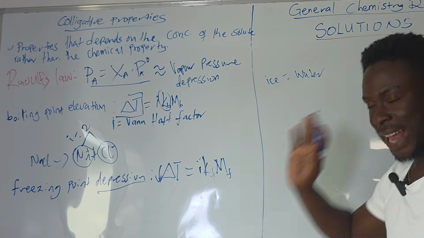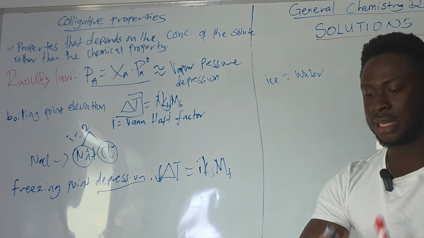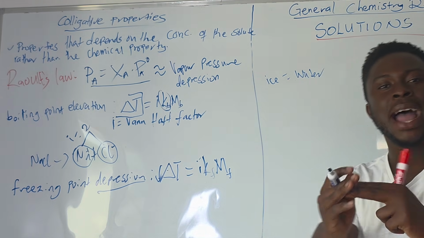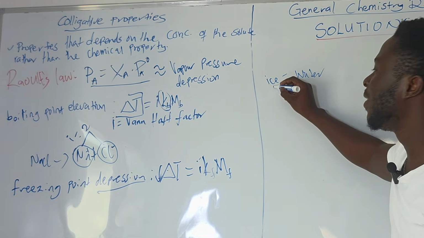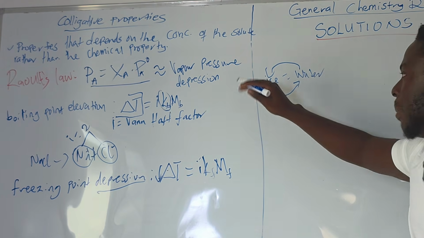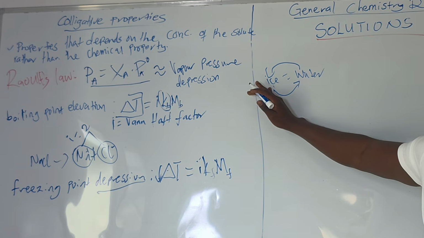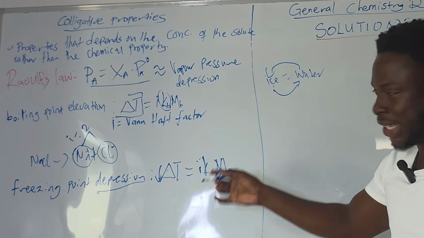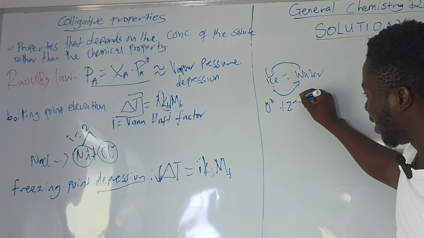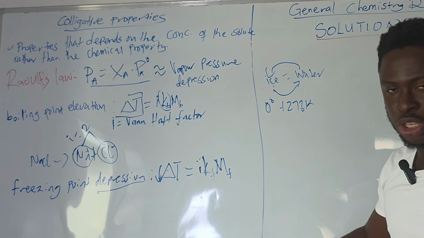When you have ice like this, it will reach a point where the rate at which the water freezes is equal to the rate at which the ice melts. That temperature is 0 degrees Celsius for pure water, or 273 Kelvin, depending on what you use.